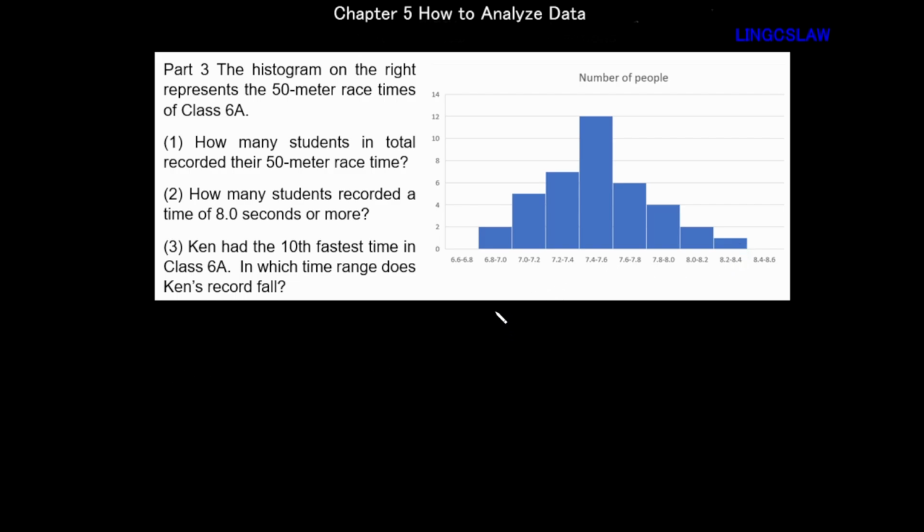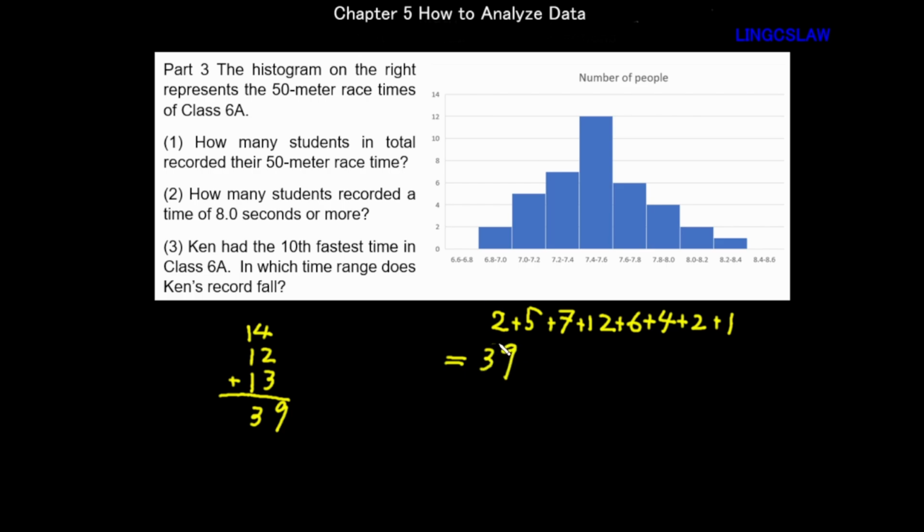So you have to add 5, 7, 12, 6, 4, 2, 1. And if you add these numbers, you will get the total number of students who ran the race. The answer is, the number of the students is 39.